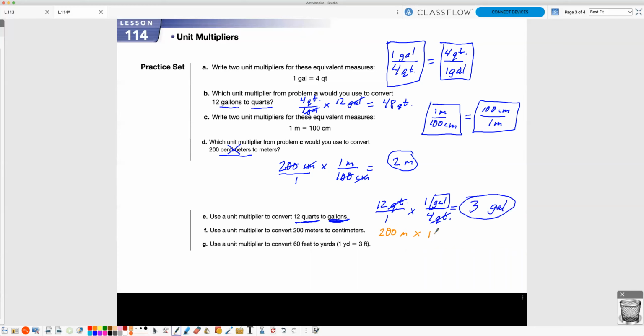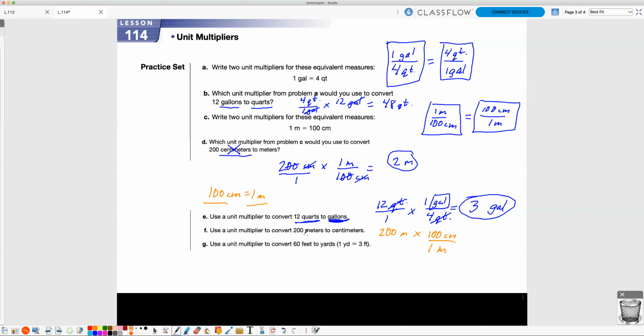So I would have to have a unit multiplier from meters to centimeters. I know that there's 100 centimeters in 1 meter. So I need to use these two measures for my unit multiplier. So in this case, I see that I want centimeters, so I'm going to use 100 centimeters in the numerator, and I'm going to use 1 meter in the denominator.